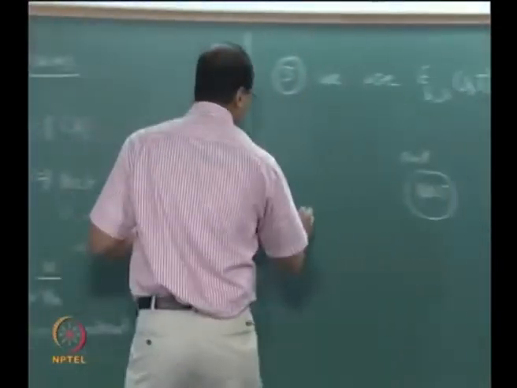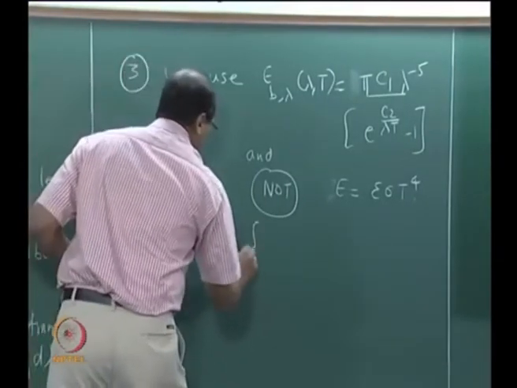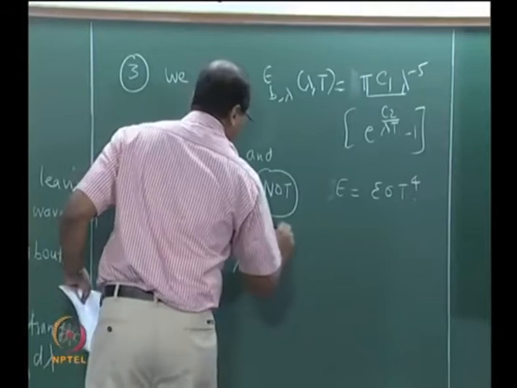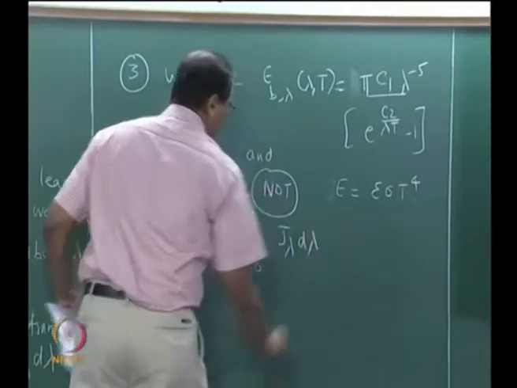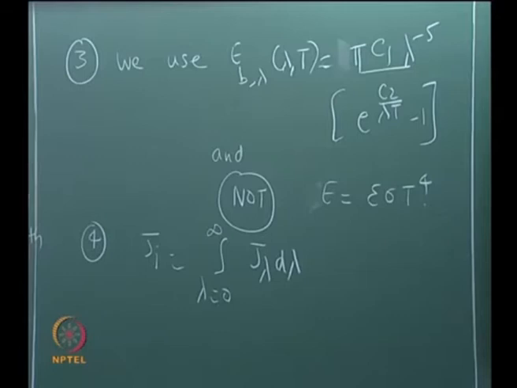And now J i will be the integral from lambda equal to 0 to infinity of J lambda d lambda. Sure, I want to put it as J lambda i.